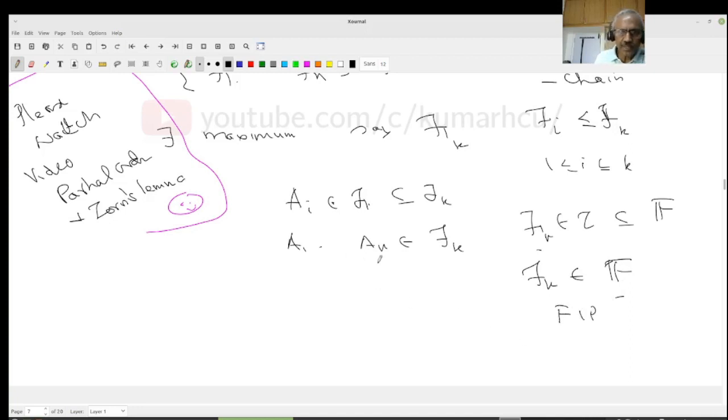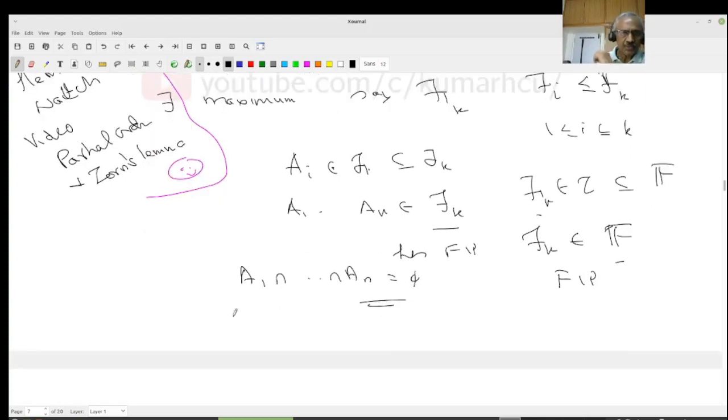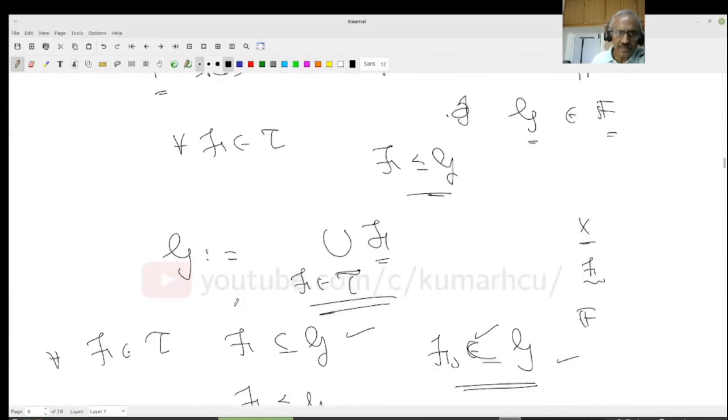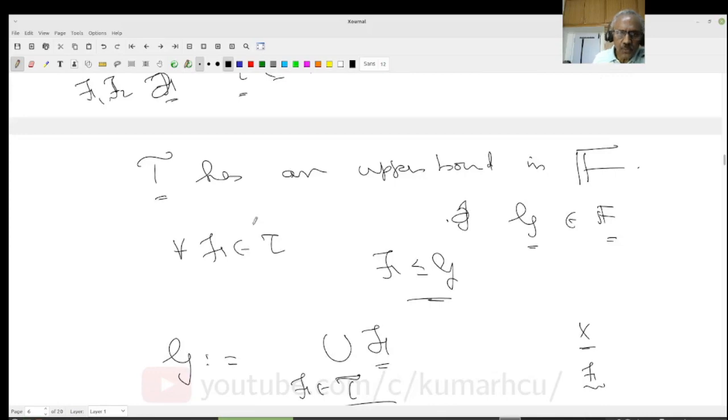Therefore A1, A2, An are in Fk, and Fk has FIP, therefore A1 intersection An is not empty. So what have I shown? I have shown that this G, this family tau, has an upper bound in F.